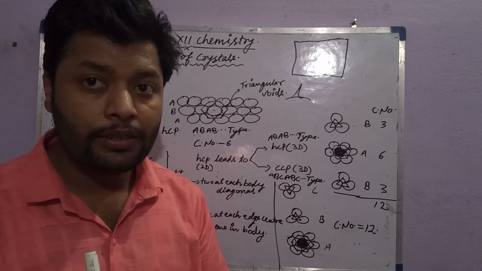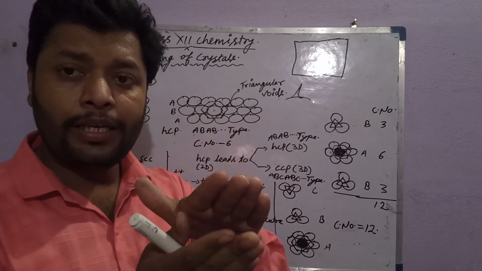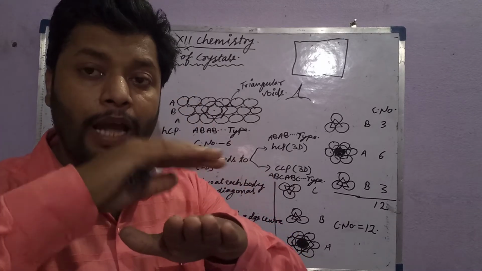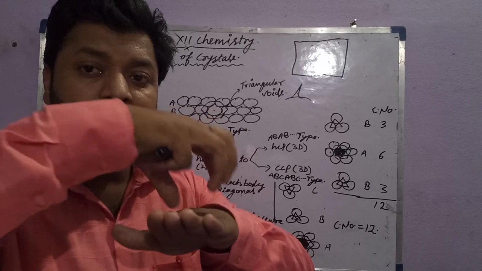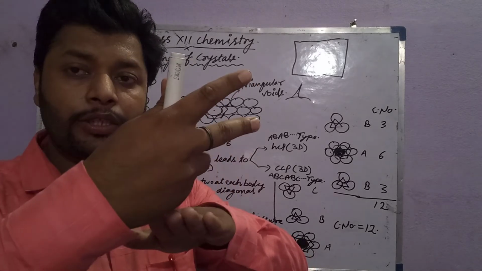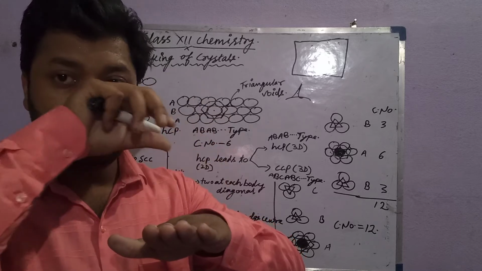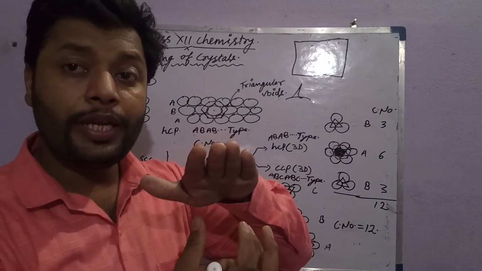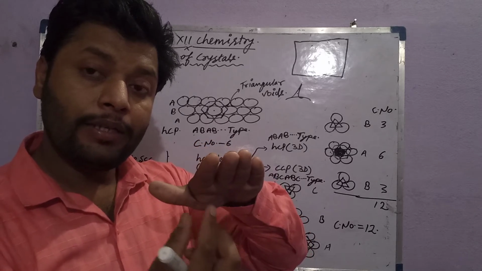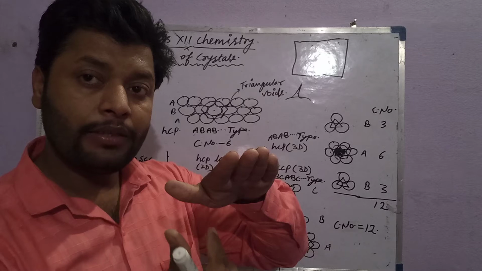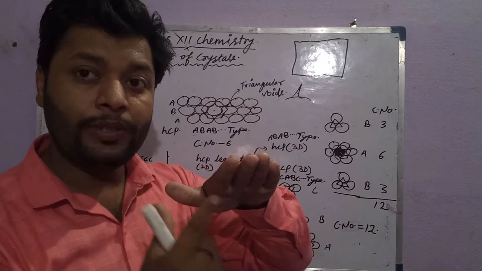What you have to learn? You have to learn that the center layer has 6 particles surrounding it, and the uppermost layer takes the gap whites, the triangular whites, completely covering them. The next layer below also takes the same whites and is perpendicularly aligned with the third layer.